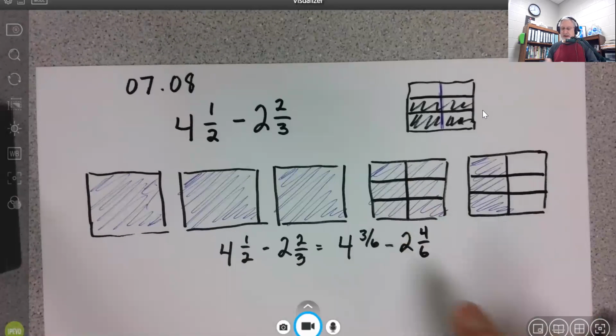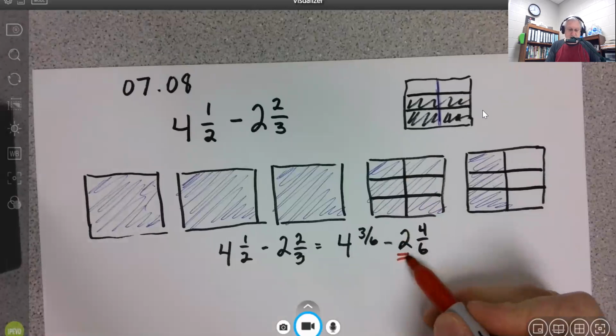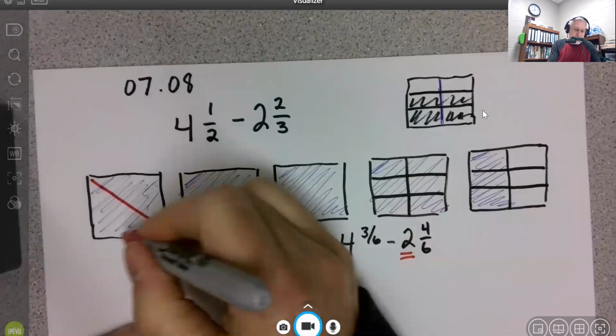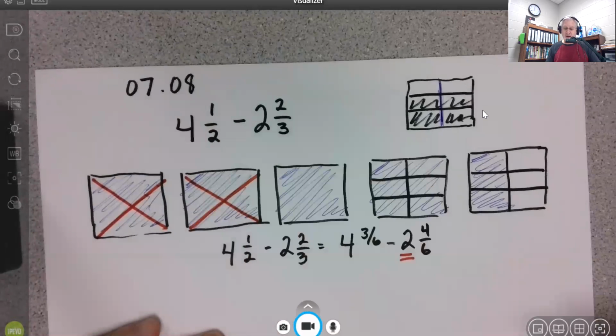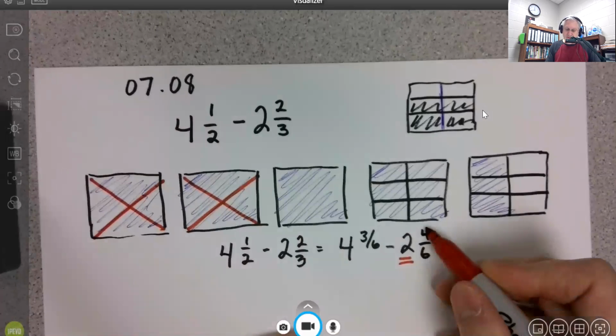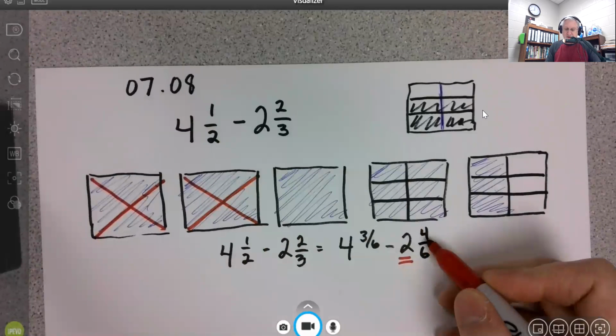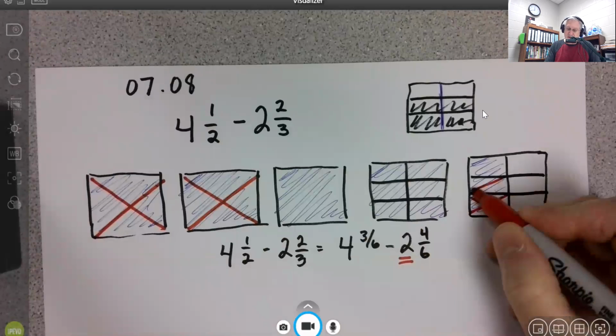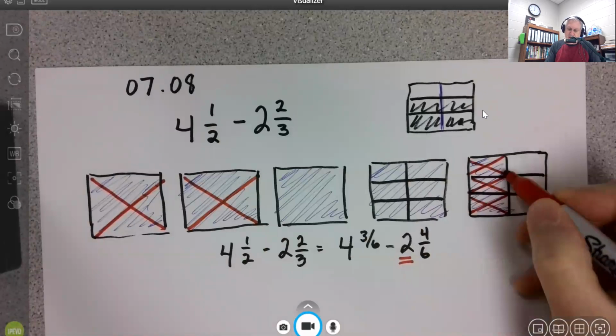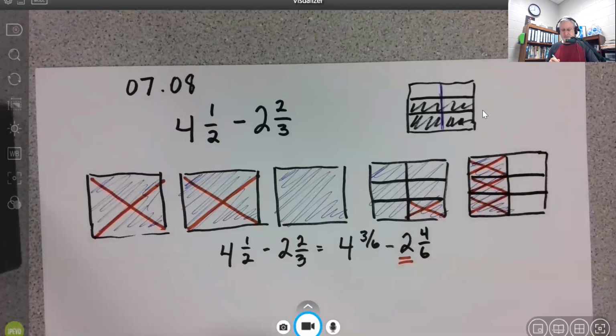So now I can go ahead and subtract. I'm going to subtract 2 wholes, and all I'm doing is putting an X over it. That means subtract. I'm taking it away. And then I want to take away 4/6, or 4 pieces. 1, 2, 3, 4.